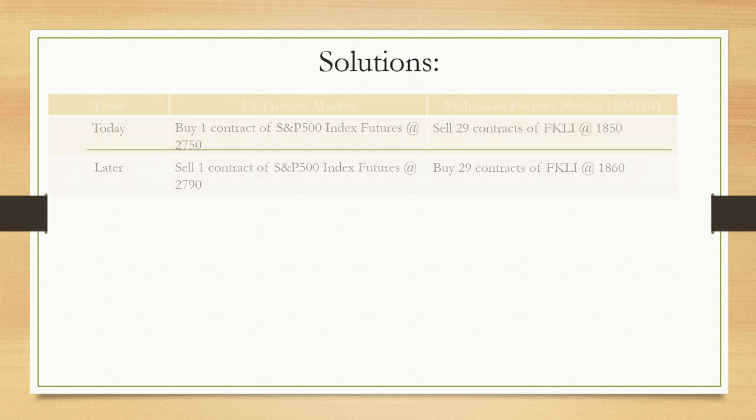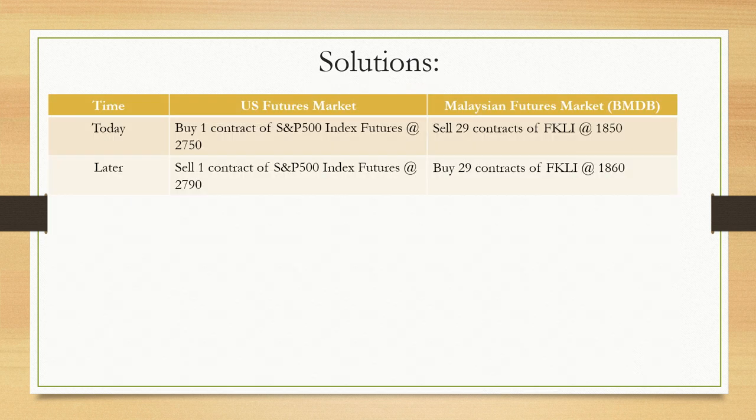Okay, next. So we have decided earlier that since the US futures market index akan outperform index kita, what we will do is buy in the futures market. How many contracts? S&P satu contract je lah, sebab satu contract dia saja dah 2.695 million. So we will buy one contract of S&P index futures at 2750, and at the same time, simultaneously, we will sell 29.